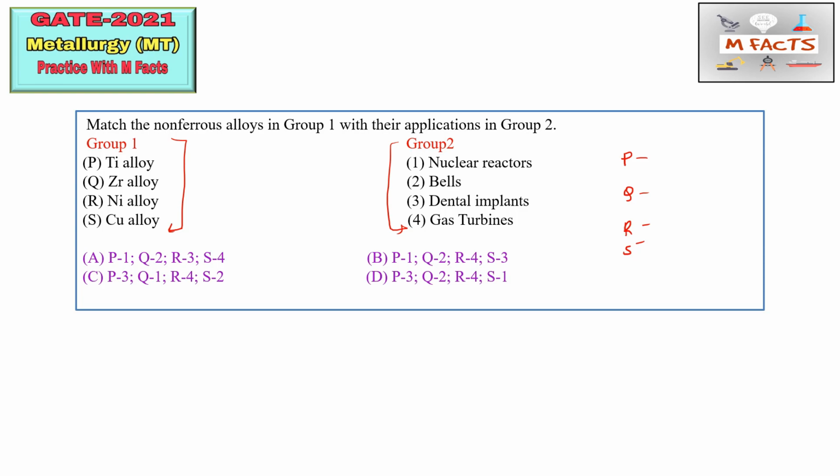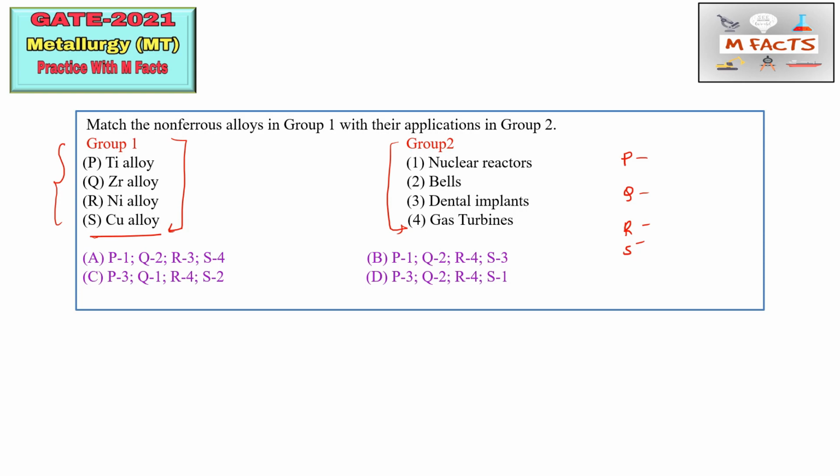Okay, so first of all, suppose we don't know about the application of any of these non-ferrous alloys. But we know some common alloys which are utilized for some basic applications. Okay, like copper alloys. Okay, so copper alloys may be used for what purpose? Nuclear reactors, bell, dental implants, gas turbines.